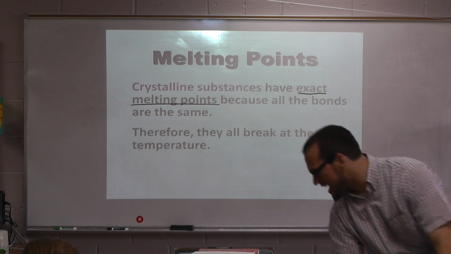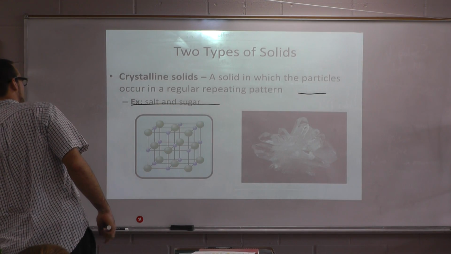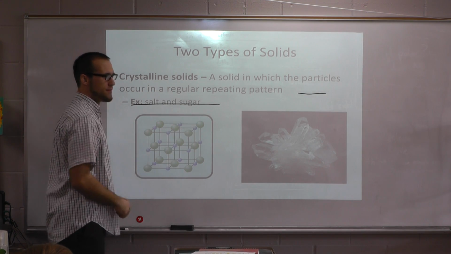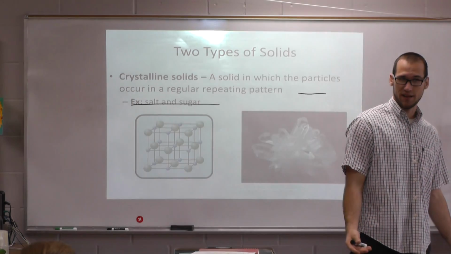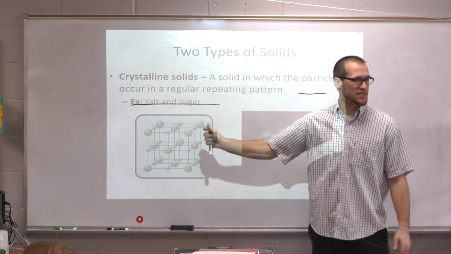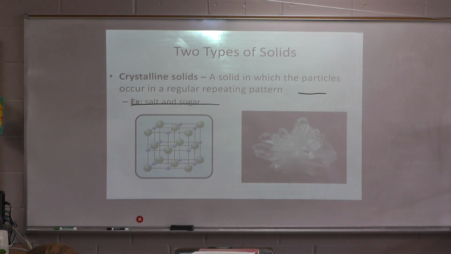And this should make sense. If I go back to the visual of this, if all of these bond lengths are exactly the same, they have the same amount of energy, correct? Does that make sense to you? If they all have the same length, they're going to have the same amount of energy, which means at a given temperature, they will all break at the same time. But the whole substance has to be the same.